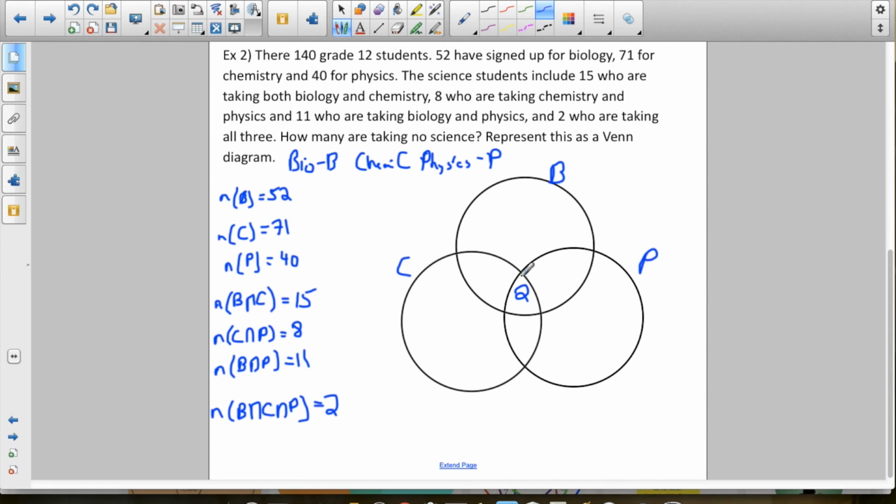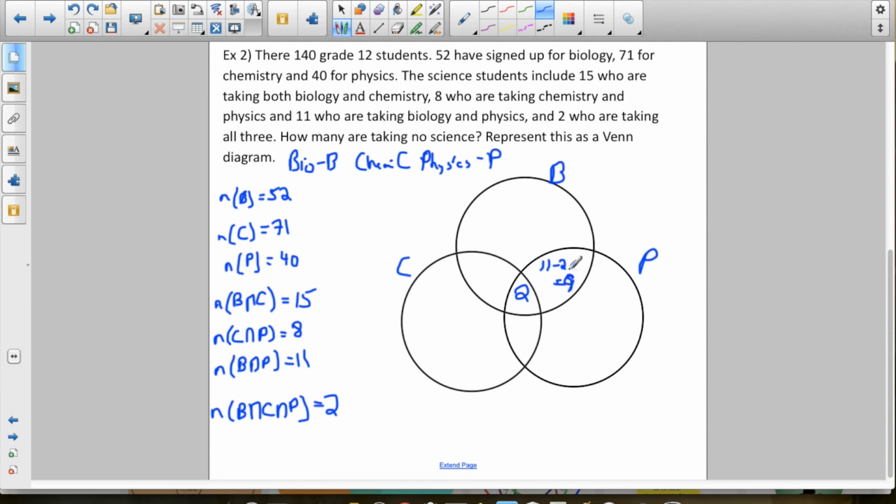So this whole thing needs to add up to 11 because this is the intersecting parts of B and P, but I've already put 2 here. So that means this one needs to be 11 minus 2, which is 9.